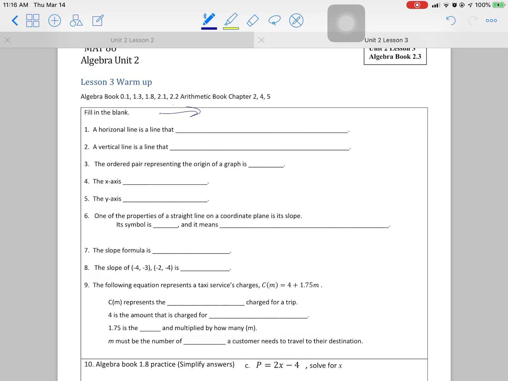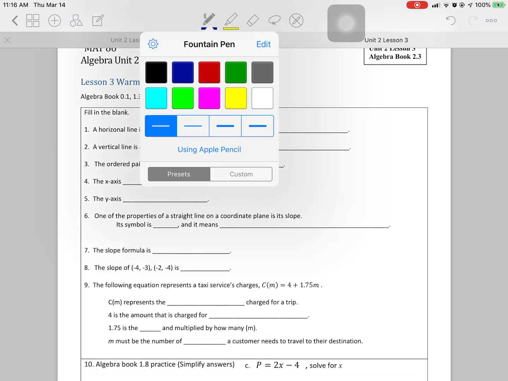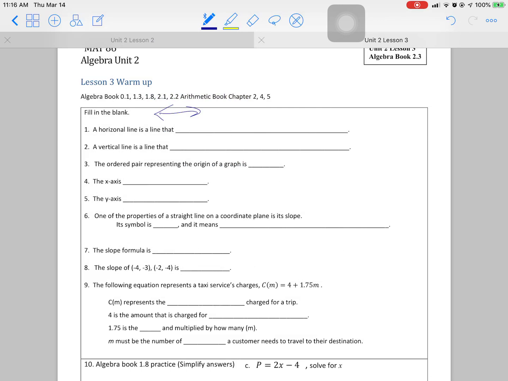Obviously, that's horizontal. How would you describe that? I would say runs left to right. Okay. It's flat. A horizontal line has a slope of 0.